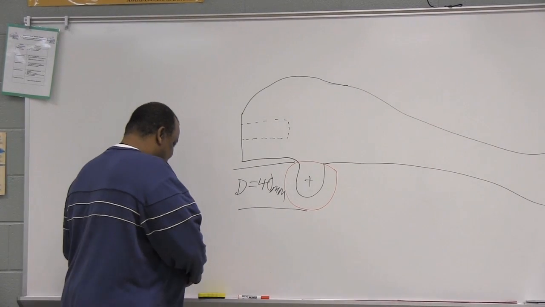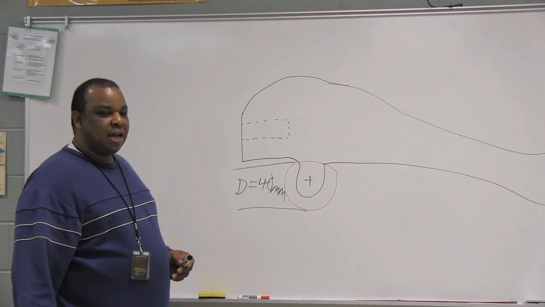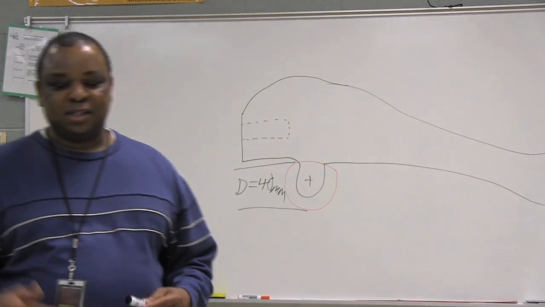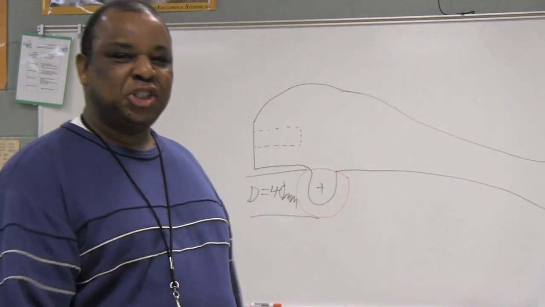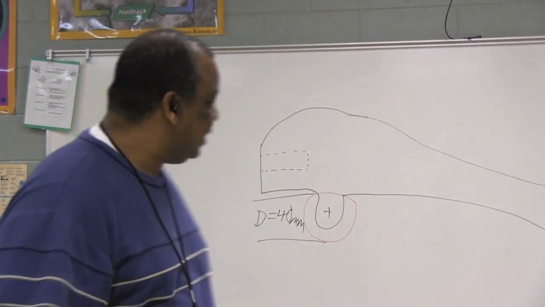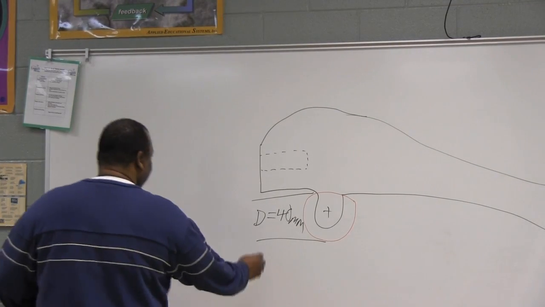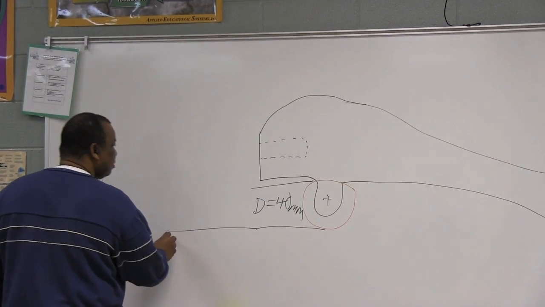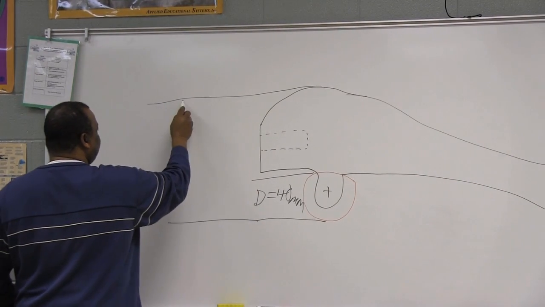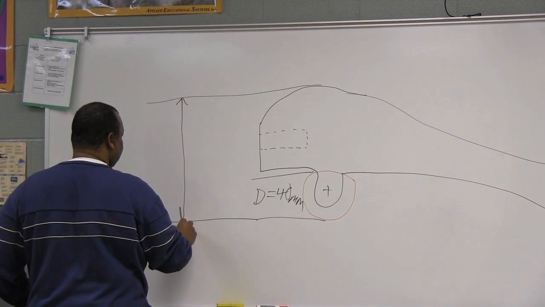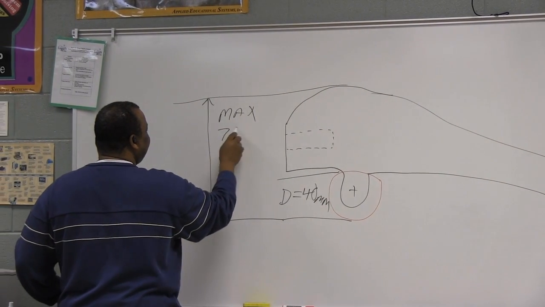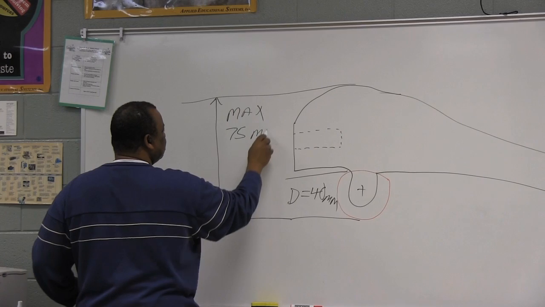Now, for you to understand why I'm going to change up the minimums and the maximums that this paper says, the limitation sheet that I gave you earlier clearly states that this distance here, from the bottom of that rear wheel to the very highest point of the rear of your car, the max can be 75 millimeters.